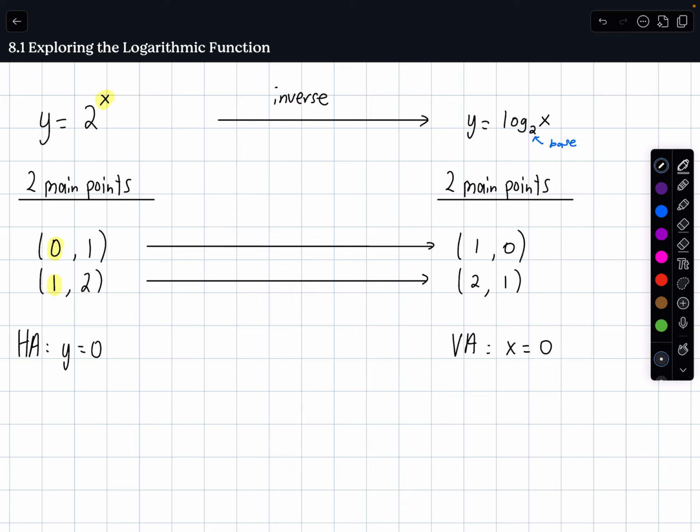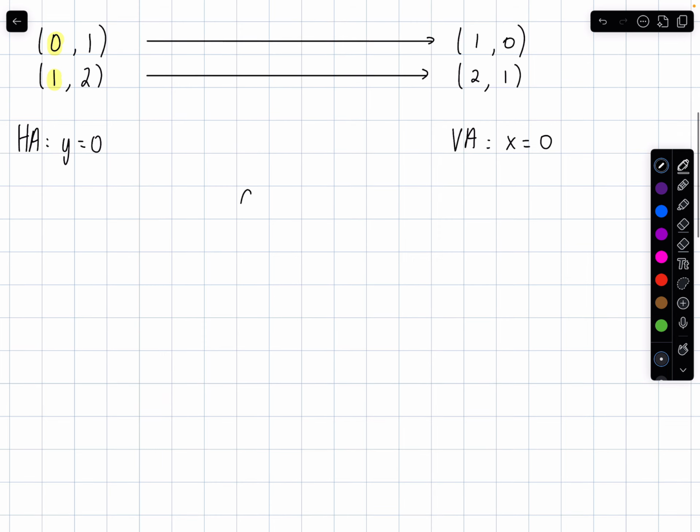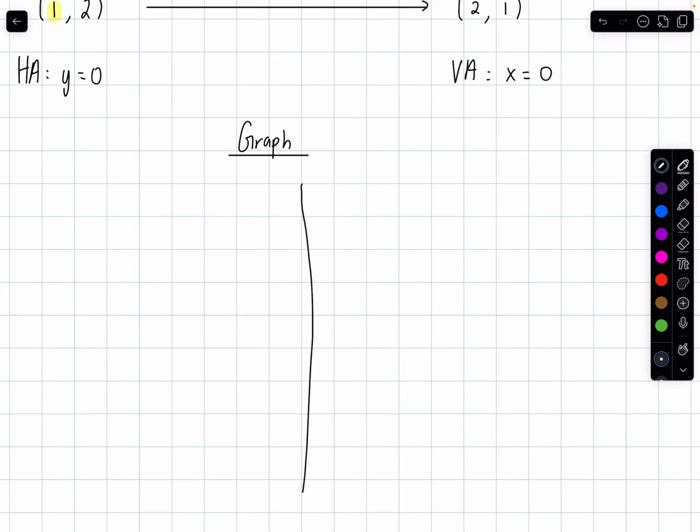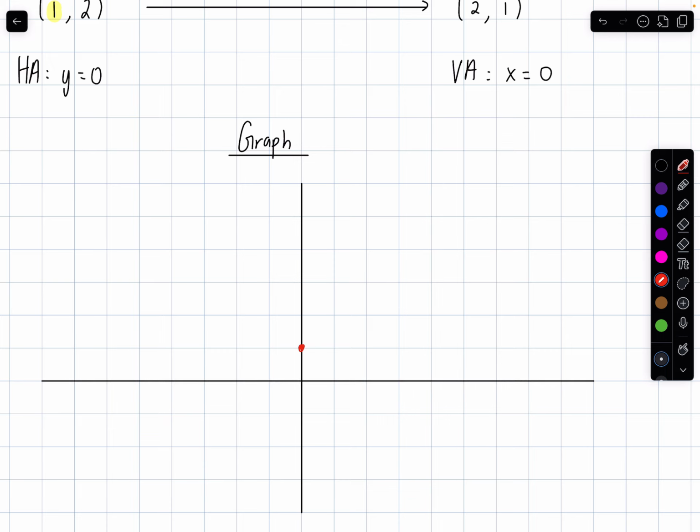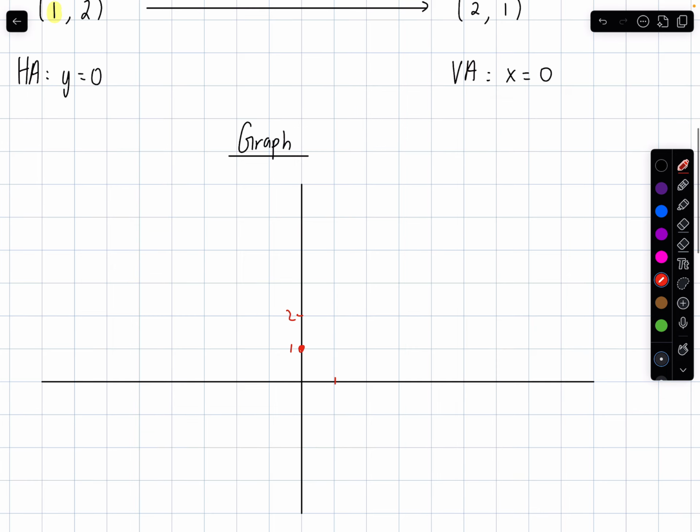Okay, so let's see how we graph these two. If I look at the exponential function, we have a point at (0, 1) and a point at (1, 2).